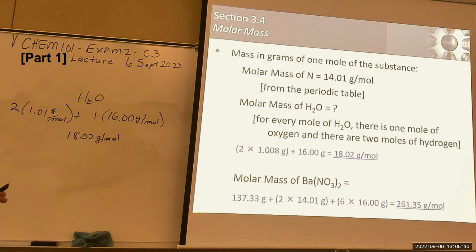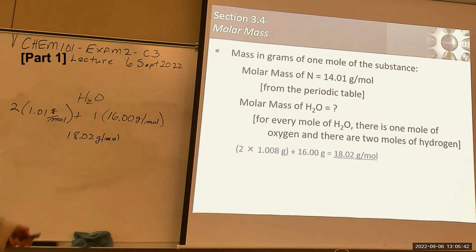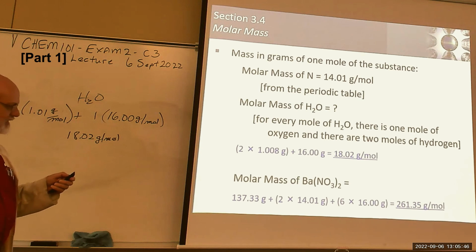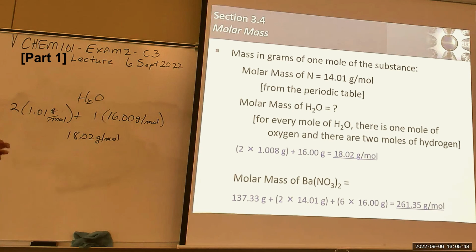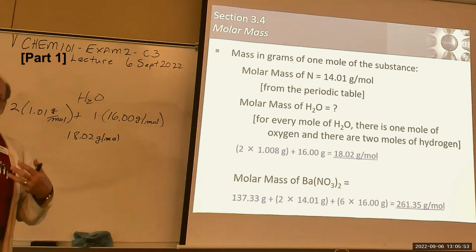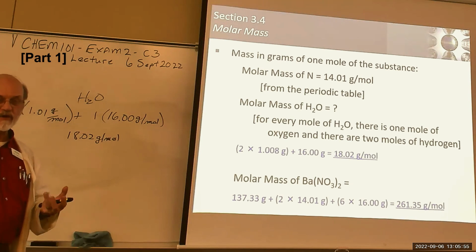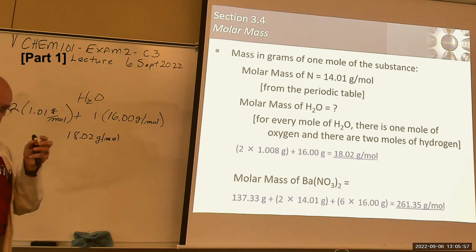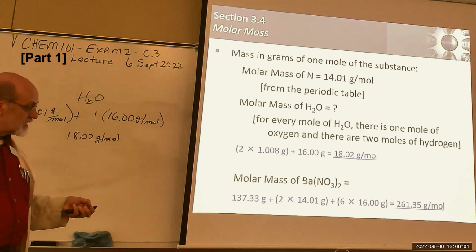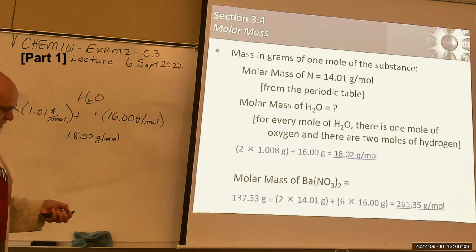How about this one? Well, I've already given you the answer. Messed up my animation. So when you have parentheses and a polyatomic ion, don't forget to multiply the subscript of the parentheses times whatever's inside. So in this case, 1 barium is here. And we just put grams here.